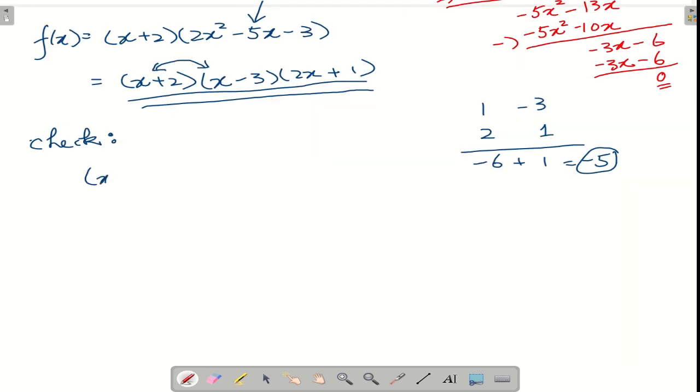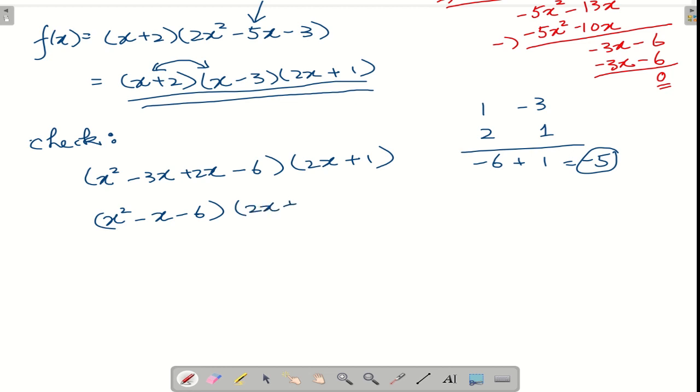We got x squared minus 3x plus 2x minus 6, multiplied by 2x plus 1. We got x squared minus x minus 6 multiplied by 2x plus 1. And we multiply it out. We have 2x cubed plus x squared, minus 2x squared minus x, minus 12x and minus 6.